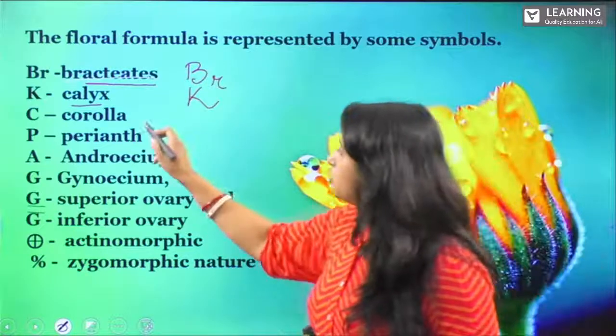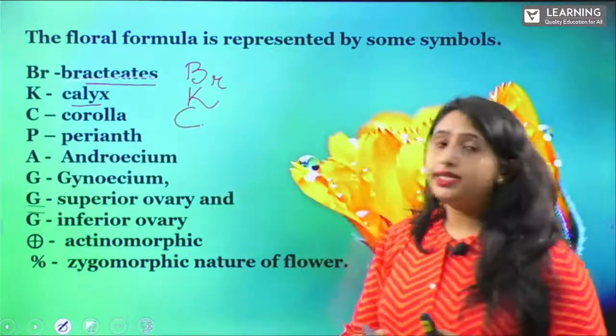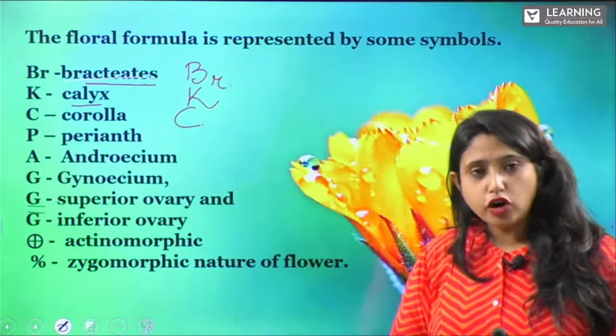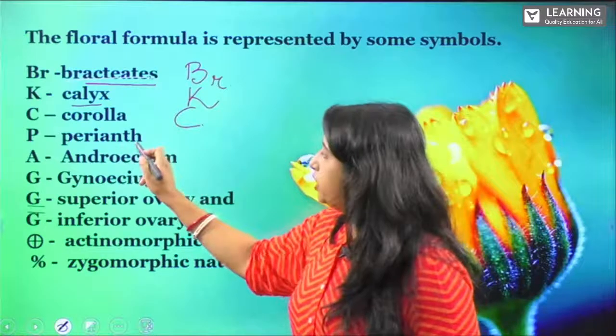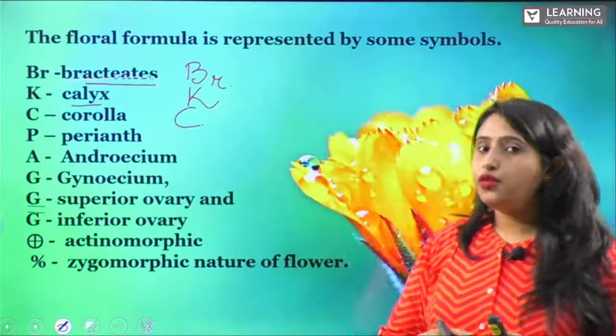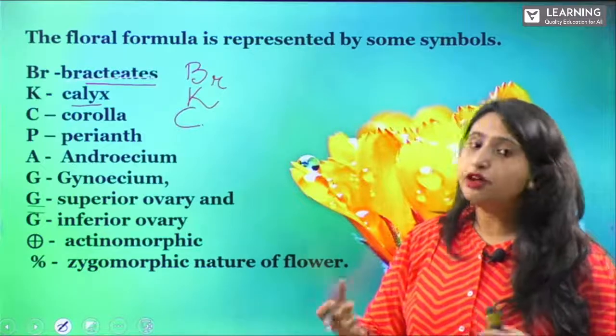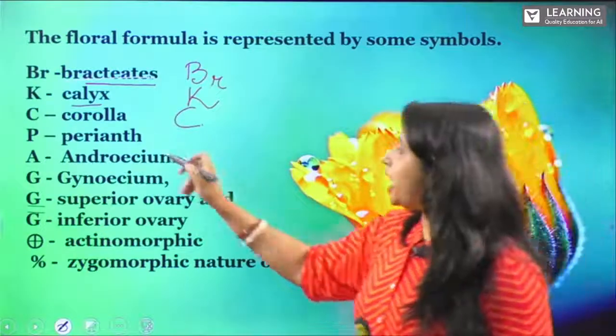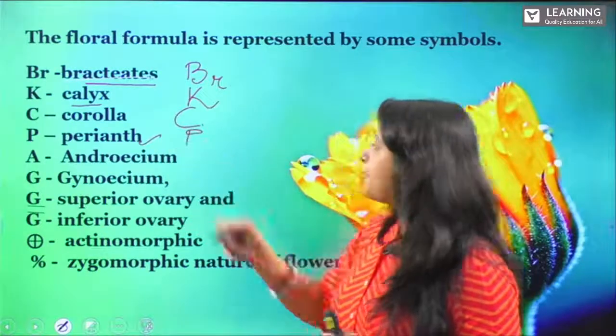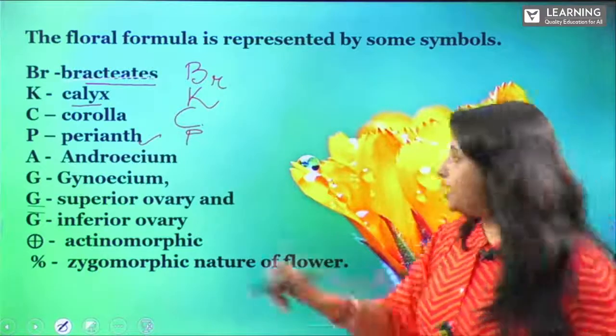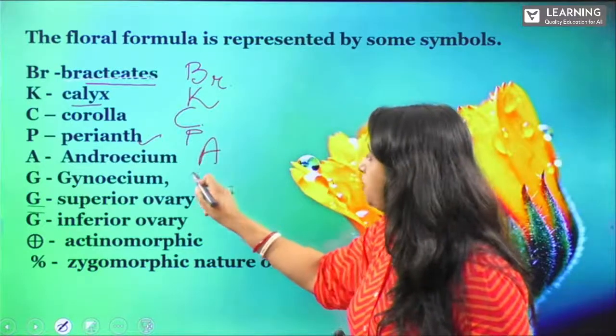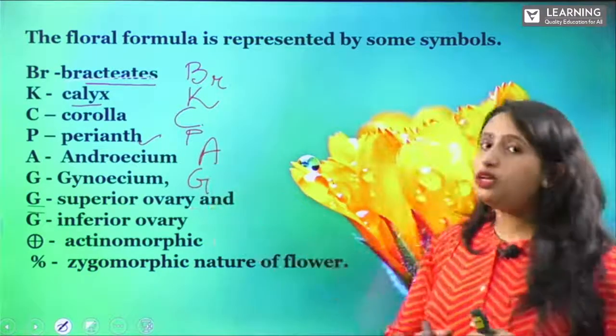For corolla we write C. Then perianth, which means when the calyx and the corolla are fused, is represented as P, androecium as A, gynoecium as G.